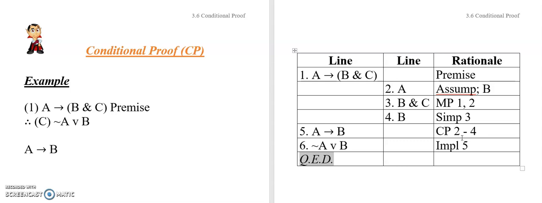Now, I want to stop and take a second. You might have thought, hey, Ash, I think I can figure out how to get from the premise to this conclusion without CP. That's absolutely fine. But you will find that the use of CP does make a lot of arguments a lot simpler. It's actually a general truth.